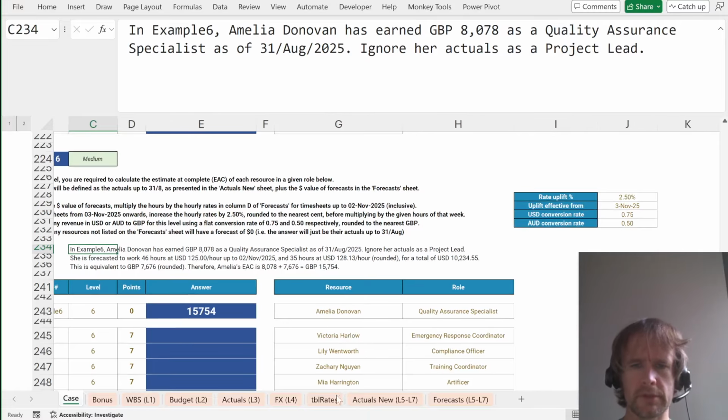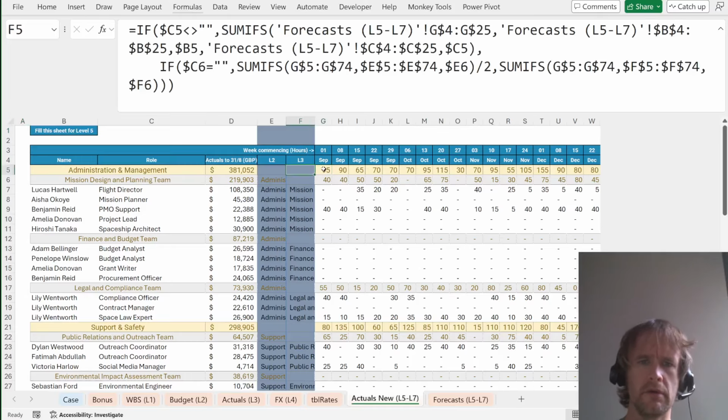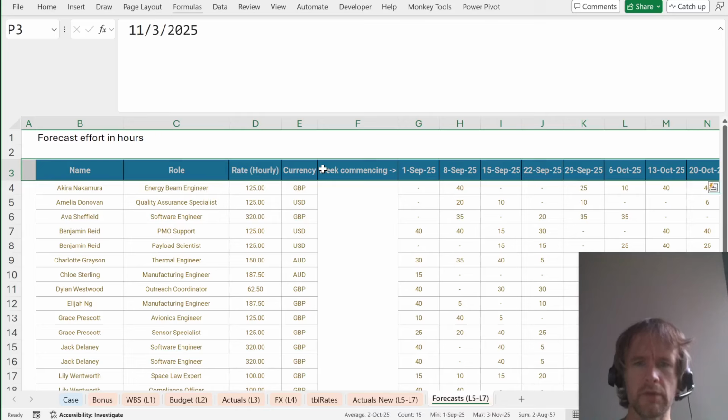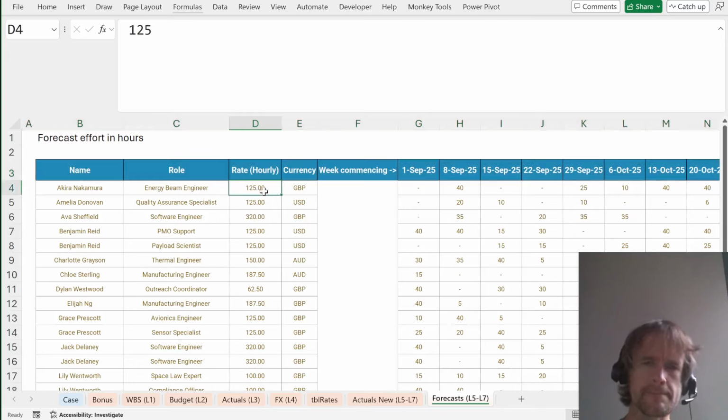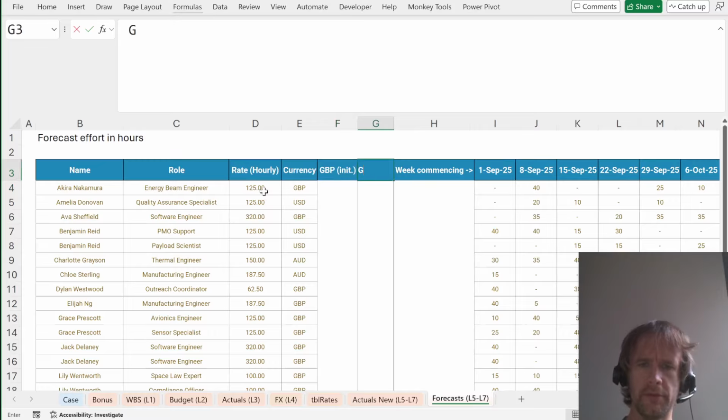Okay, so let's come over here. Forecast. So. All right, so I'm going to say GBP initial and GBP later.